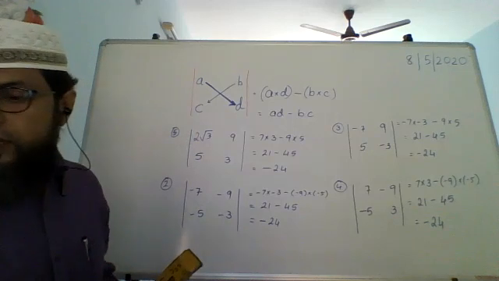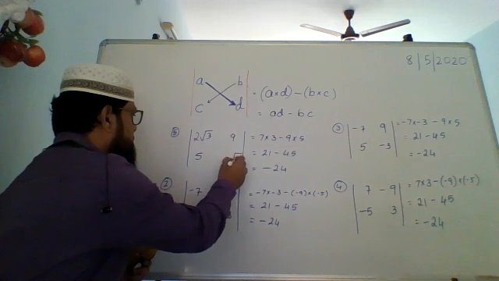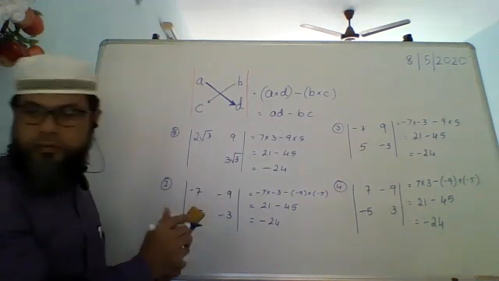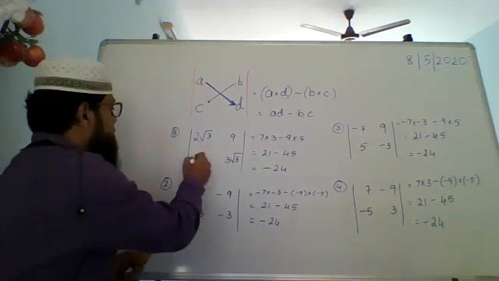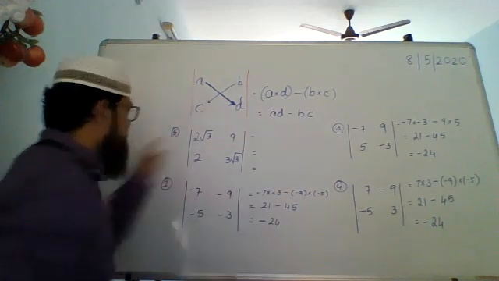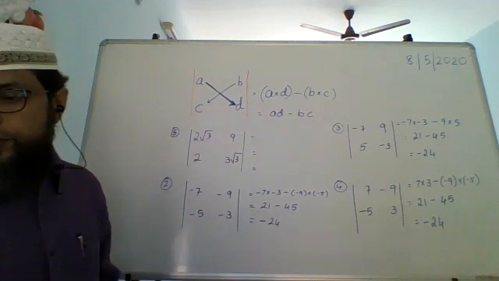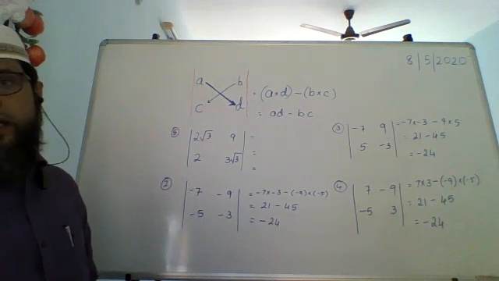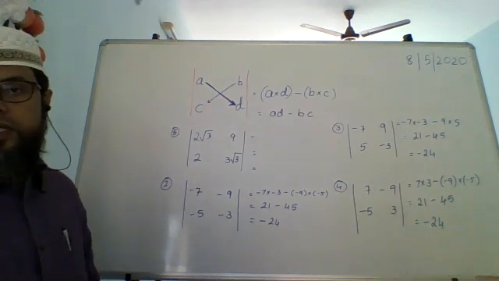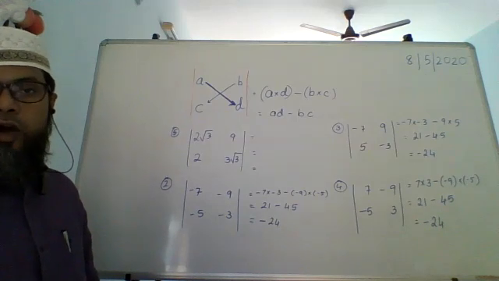(2√3), 9 and solve this. 2√3, 9 to 3√3. So as I said, it can be √3s and all these things also can come. There's no this thing which says that √3 will not be asked or roots will not be there or fractions will not be there. All of those are possible.